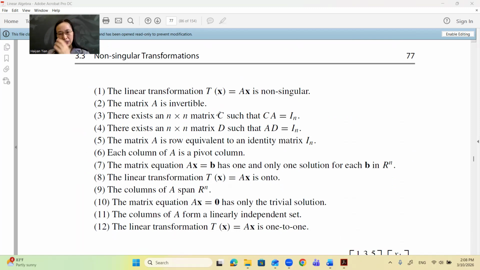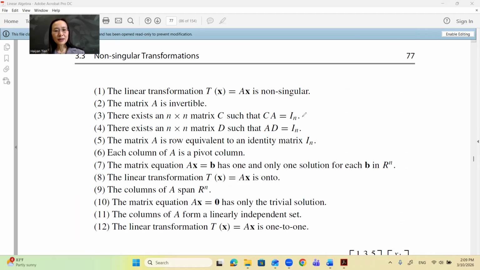That means we can find some matrix, which is the inverse of A, right? We can call it C. C times A is identity. We can also find, for example, a matrix D, which is also an inverse of A, such that A times this inverse is identity.